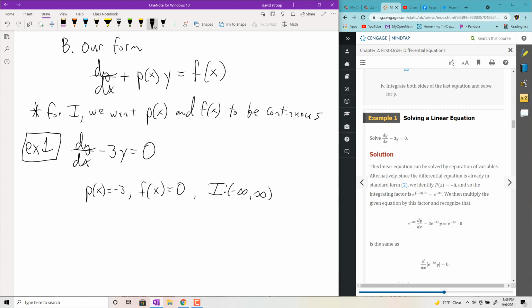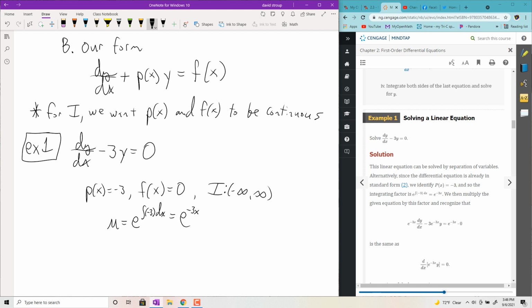To solve the differential equation, what I need to do is form this thing called the integrating factor, which we call mu, the Greek letter mu, and it is e to the integral of p of x dx. So e to the integral in this case of -3 dx. Evaluate that integral, so I get e to the -3x. I don't need the constant, that would be overkill.